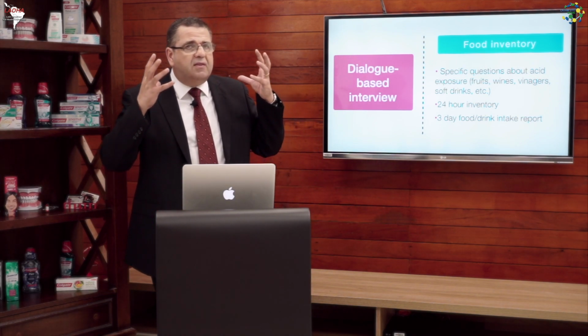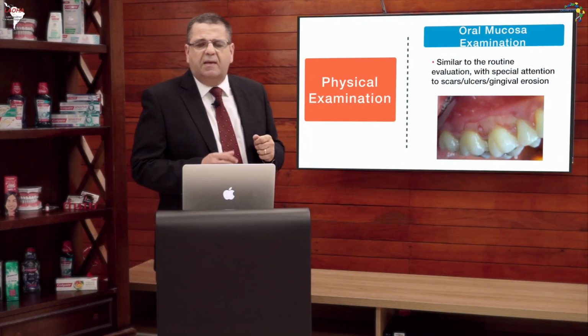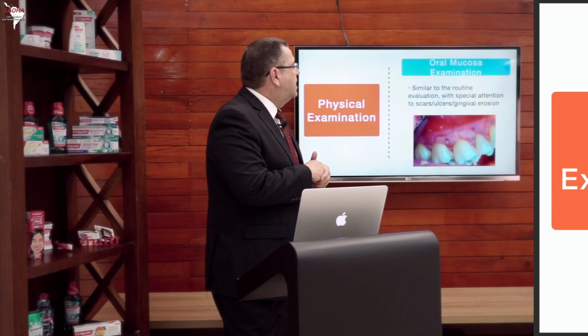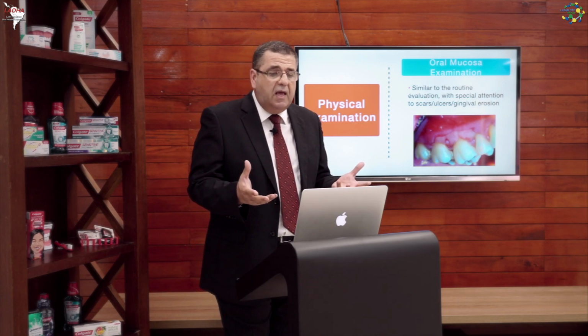So after having this in mind, we can go for a physical examination, which is an important part of diagnosis. In the physical examination, we have to do the same kinds of examinations that we make in other situations. The oral mucosa examination is similar to the routine examination.